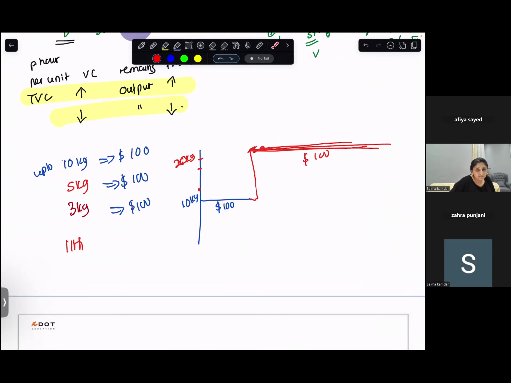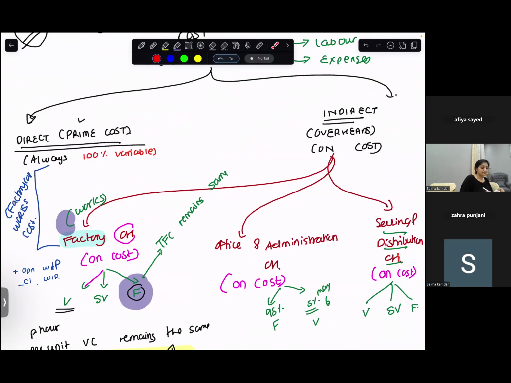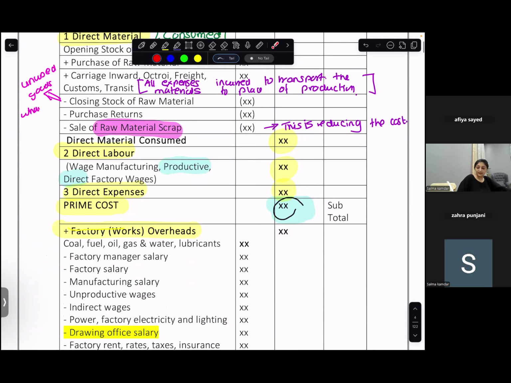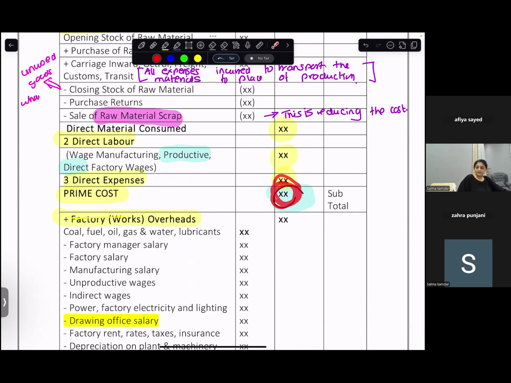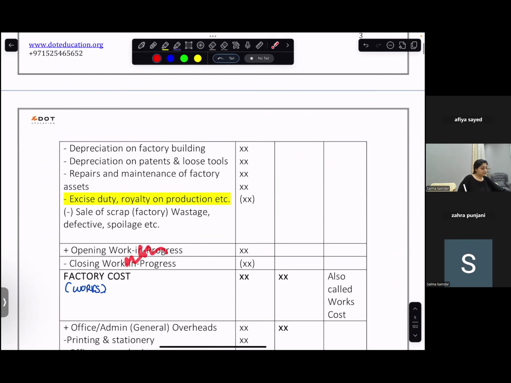First is direct material, direct labor, and direct expenses will give me the prime cost. And then the indirect factory overheads, plus the opening stock of work in progress, less the closing stock of work in progress will give me works cost.